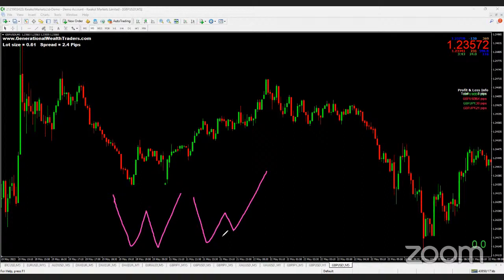So that is another variation. Then you have another variation which could look like this. First leg, pull back, and it comes lower and it goes up. So this second leg did not quite come to retest this first leg, this first low. It didn't come as low. This one went past it. It went past this low.